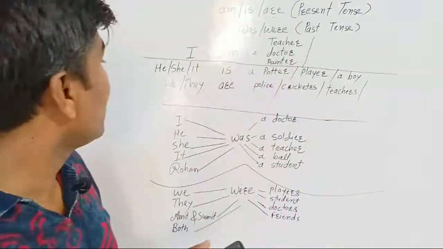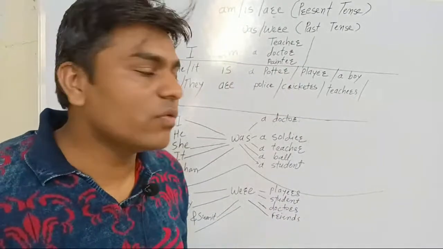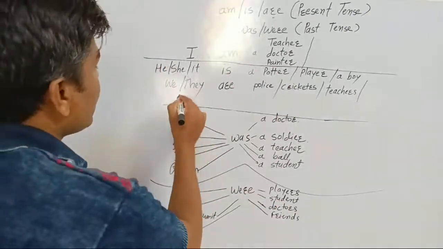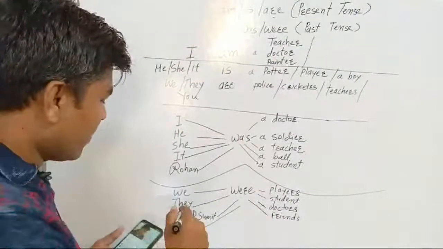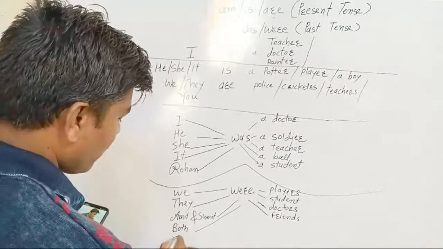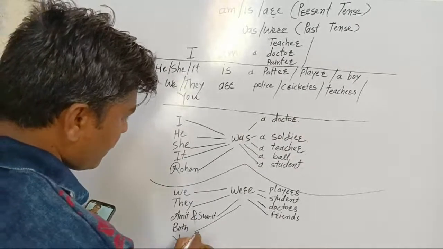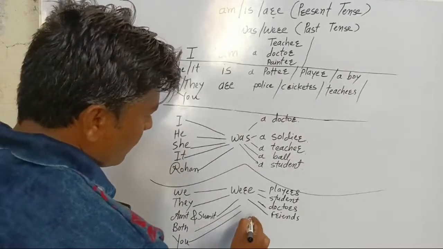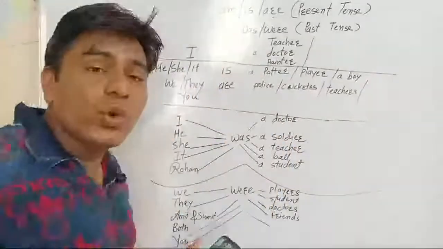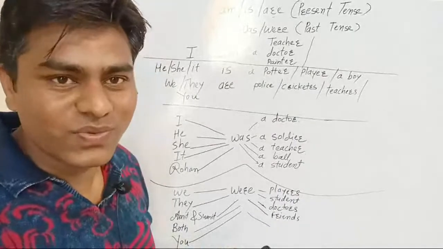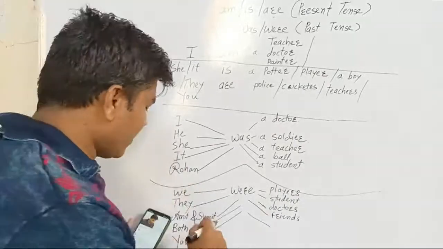Now we forgot there. Why are we not using you? Second person you. You are. Here also we can use you. You were. Now you, it is singular and plural also. Getting? So use there you also.